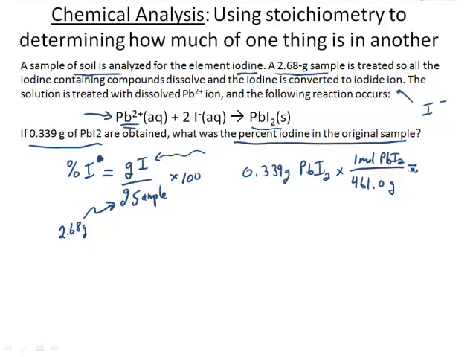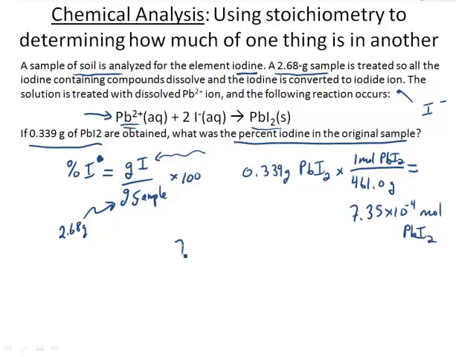So 0.339 divided by 461. Whoa. That has a large molar mass, by the way, because both lead and iodide have large molar masses, and there's 3 atoms. So that gives me 7.35 times 10 to the minus 4 moles of PbI2.